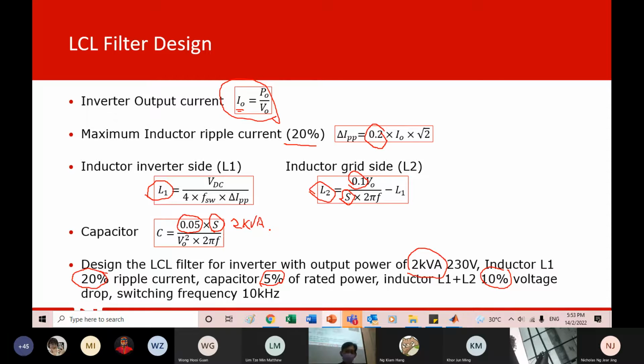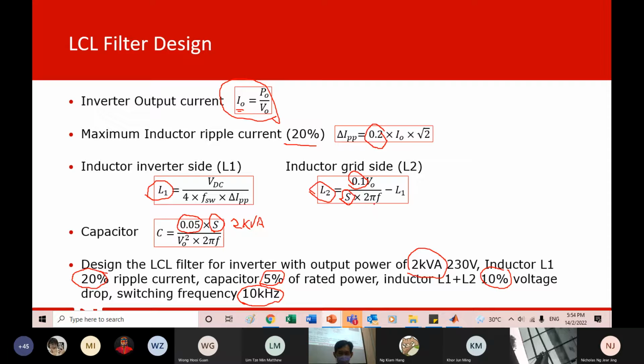Switching frequency is 10 kilohertz. I didn't provide any answer; you have to calculate the values for yourself. VO is your output voltage.